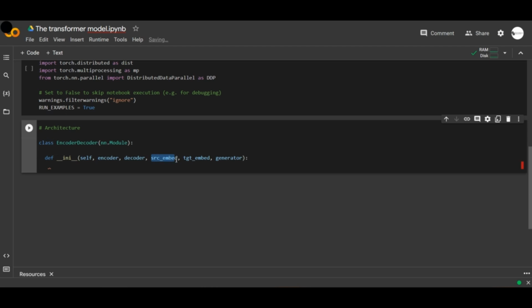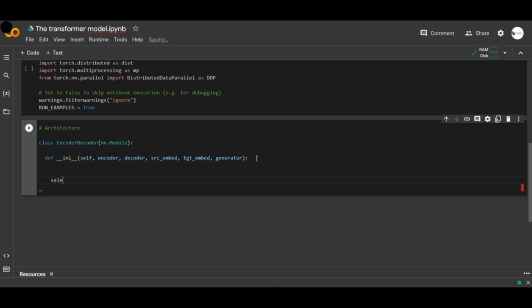The source embed and the target embed essentially embed the input sequence into a continuous vector space, and they do that using the embedding matrix. The generator is responsible for the final output of the model: it applies a linear transformation and a softmax to the output of the decoder. So that's what it does.